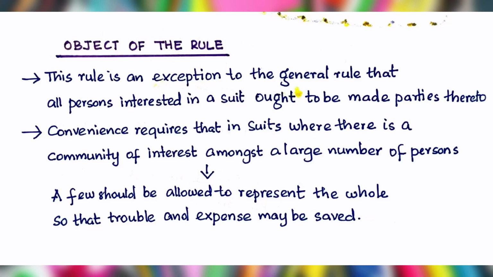Now let's get into the object of the rule. This rule is an exception to the general rule that all persons interested in a suit ought to be made parties thereto. Convenience requires that in suits where there is a community of interest among a large number of persons, a few should be allowed to represent the whole so that the trouble and expense may be saved.